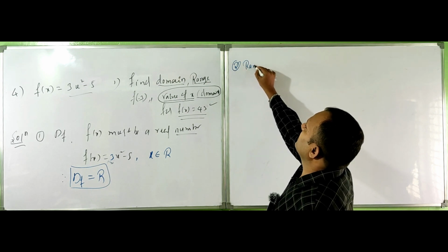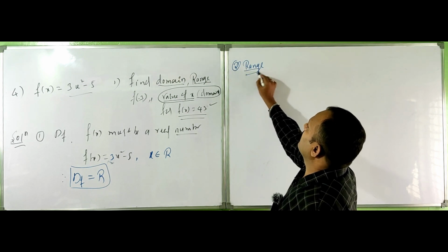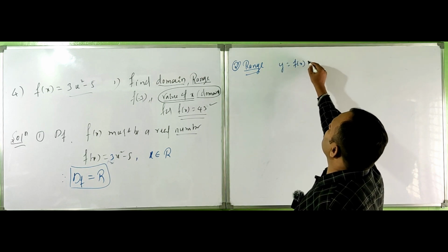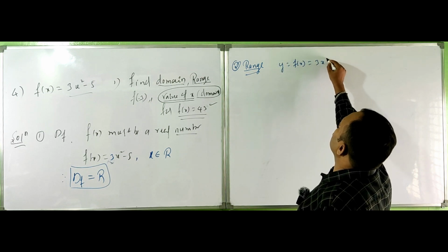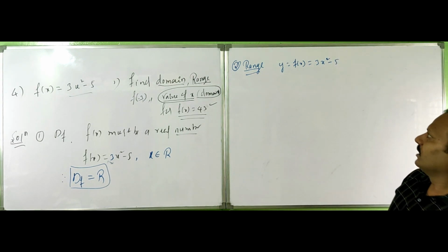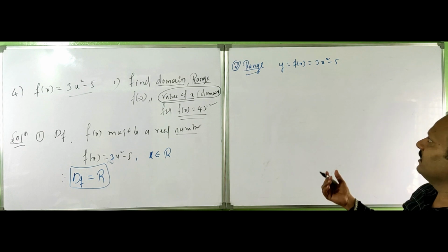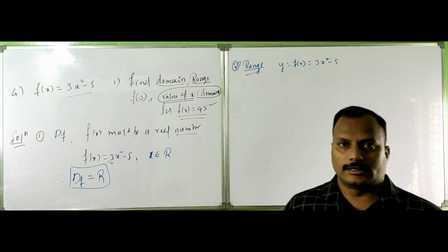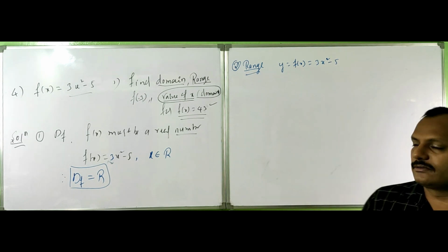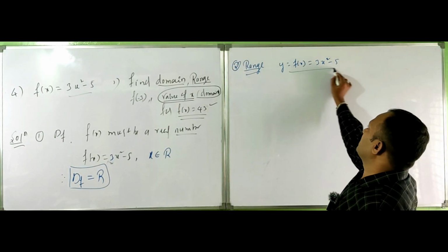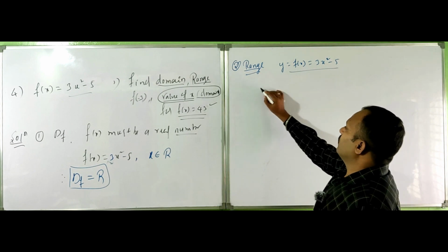Let y equal f of x, which is equal to 3x square minus 5. To find the range, you should write x in terms of y, but here they give a peculiar solution method, the reverse method.